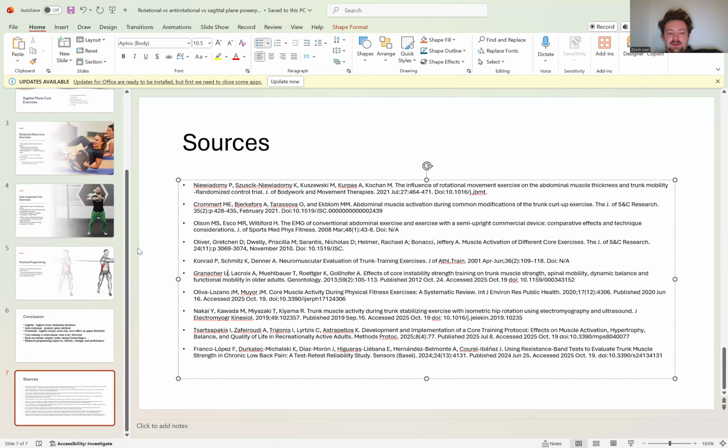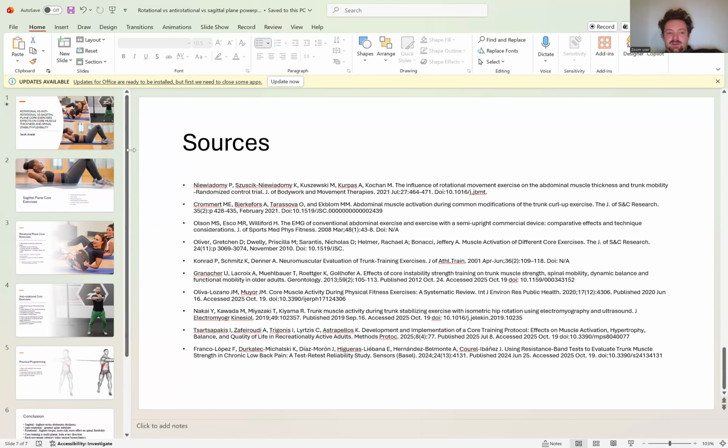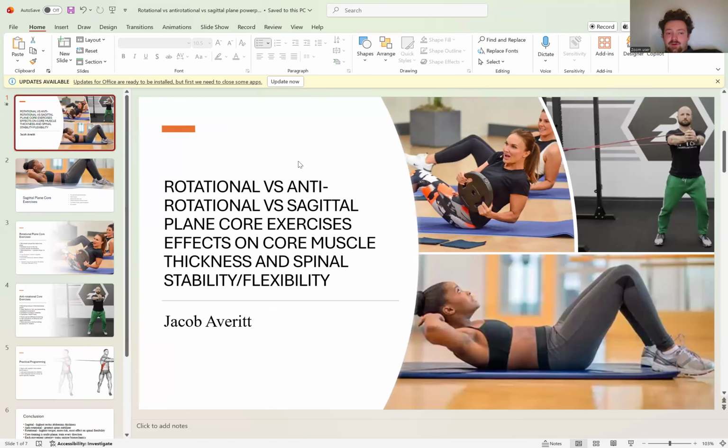I found this presentation, or the research of the presentation. I had a lot of ups and downs, right? When I was looking at just rotational versus sagittal, there was not a whole lot of research. I mean, there was enough research, but not as much as I would like.